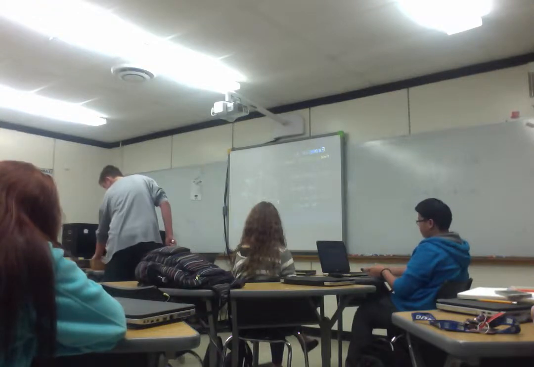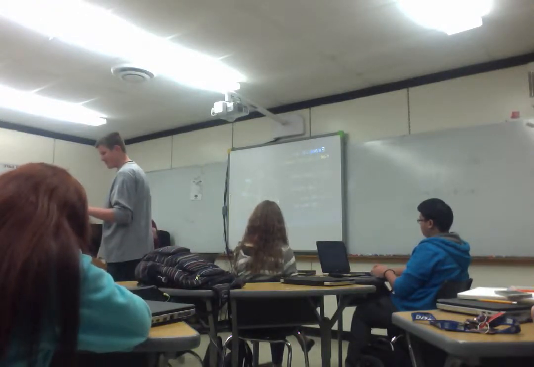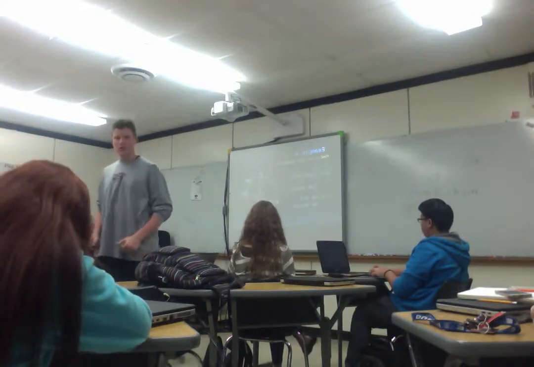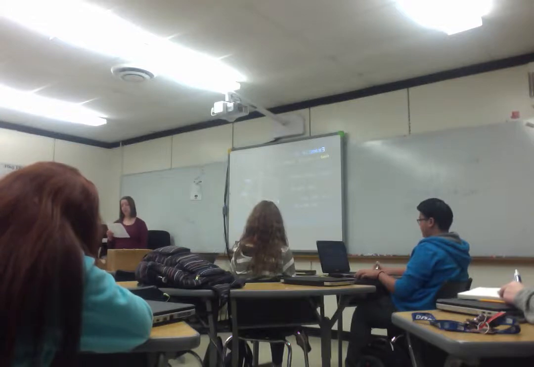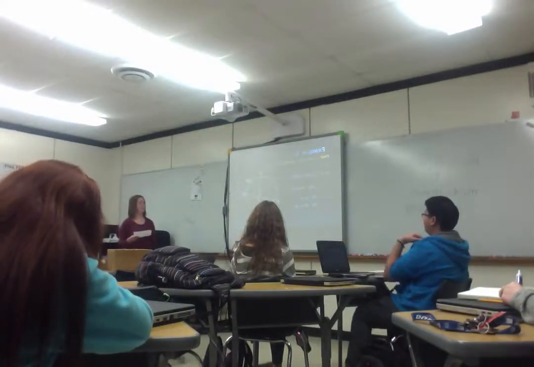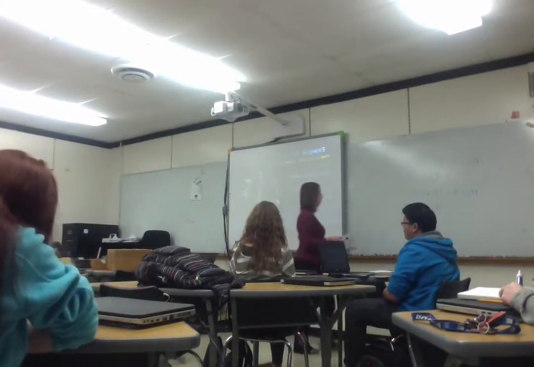Does everybody have this example written down? Because there is another way to do this exact same problem. I'll show you how to do that. I thought this way was easier, but I'll let you guys make that judgment. Where did you get the 180?